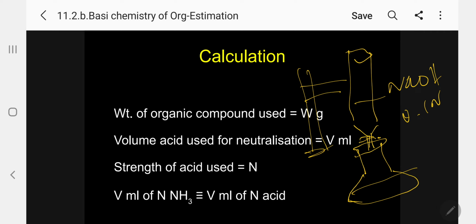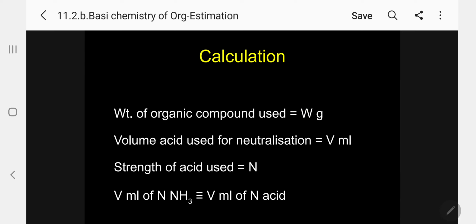After identifying the endpoint, you know the sodium hydroxide volume, you know the strength of sodium hydroxide, and you know the total volume. Correspondingly, the acid strength we know, the volume we know. From this I am going to do the calculation.